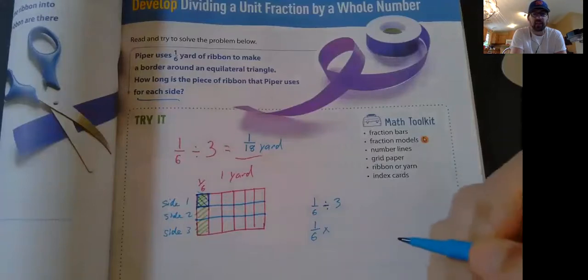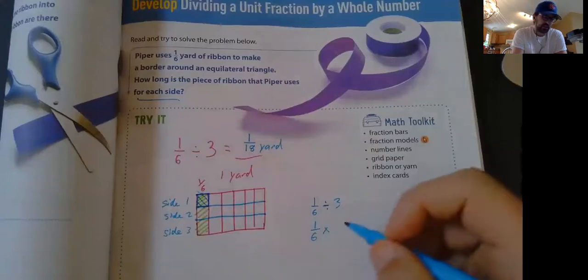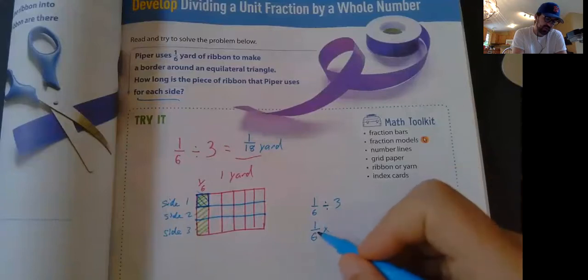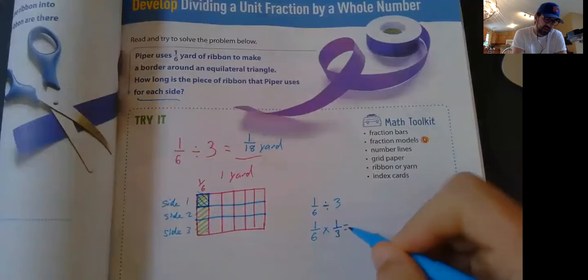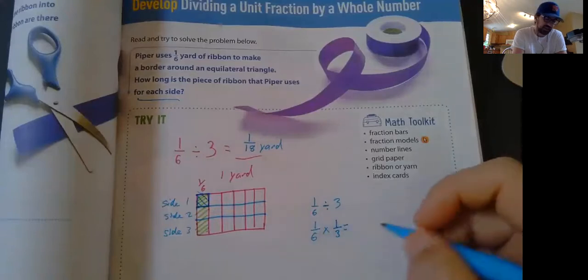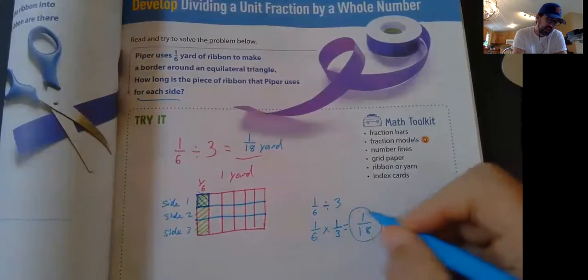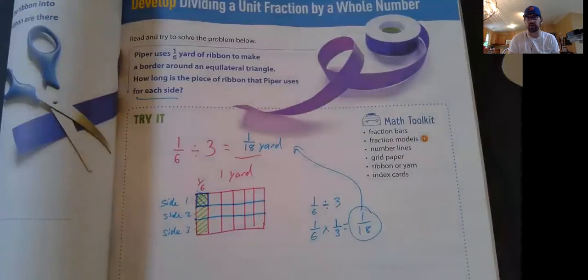If I divide by 10, it's the same as multiplying by 1/10. So it's going to be the same here, right? 1/6 divided by 3 is going to be the same as 1/6 times 1/3. Now, if we check this using our multiplication strategy, 1 times 1 is 1, 6 times 3 is 18. I get the same answer, to check my modeling, right?